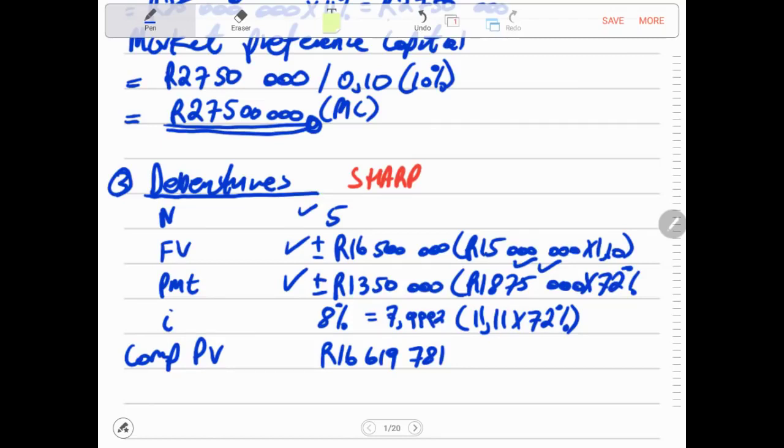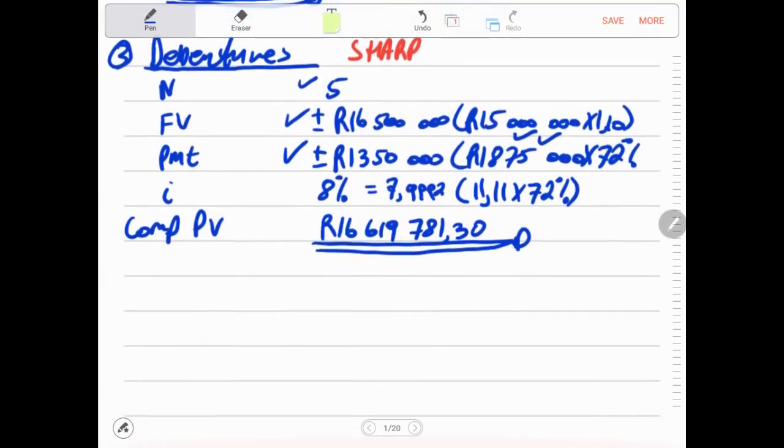Then after I compute my present value, it is 16,619,781, and it says 81.3 in my calculator, just to put all the decimals, meaning 30 cents. So that will be the present value according to the market. So this is the amount that I was looking for.